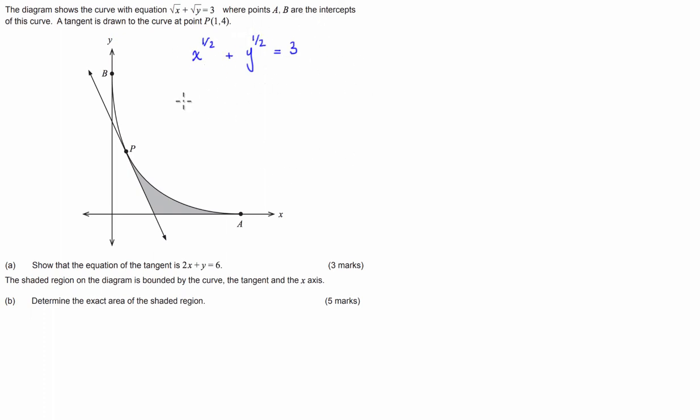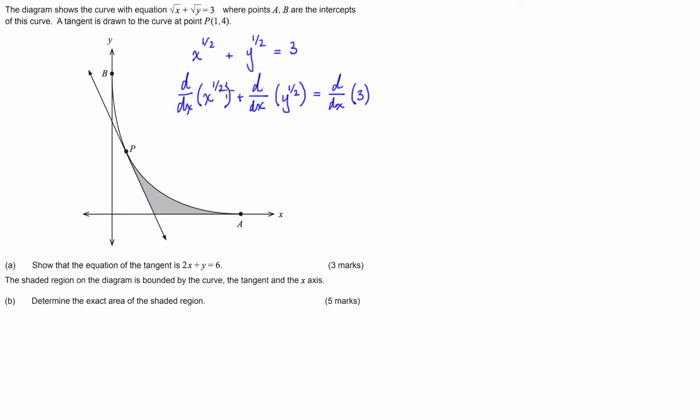To make it easier to follow, I'll write all of the notation. So we're going to have the derivative with respect to x of x to the power of 1/2 plus the derivative with respect to x of y to the power of 1/2, which is equal to the derivative with respect to x of 3.